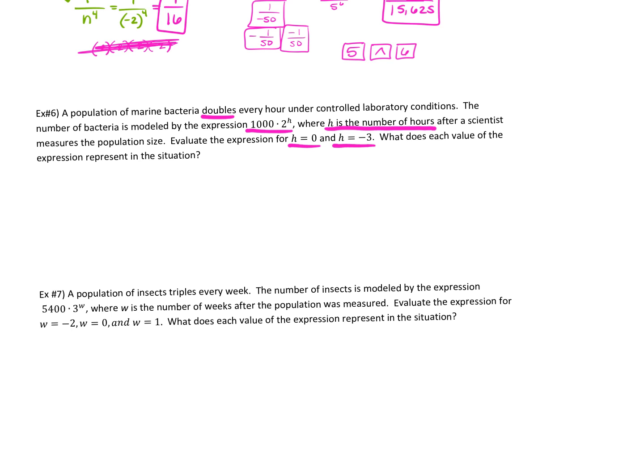So H being 0 is when they measure the population size, right? H being 1 would be 1 hour after they measured the population. H being 15 would be 15 hours after they measured it. So what is H being -3? 3 hours before. 3 hours before they measure the sample, okay?